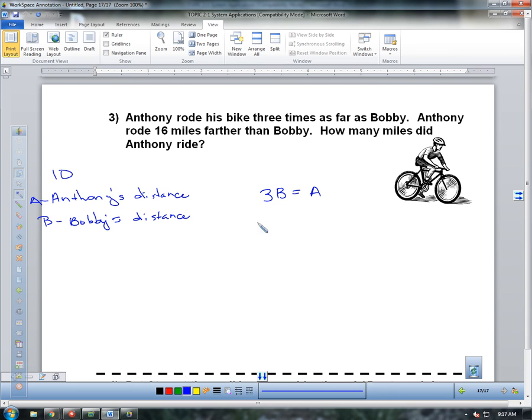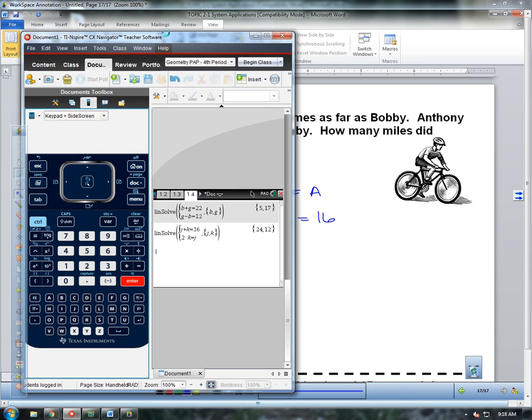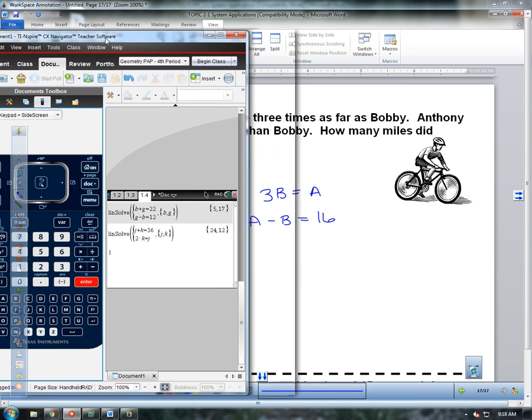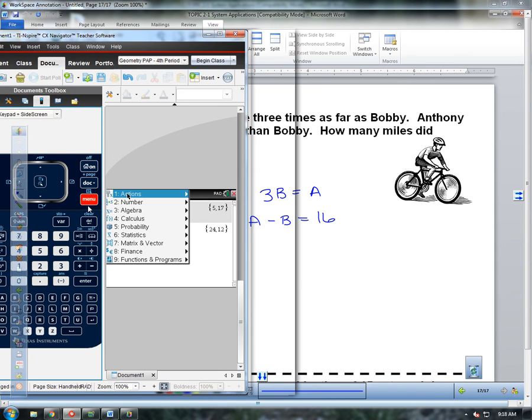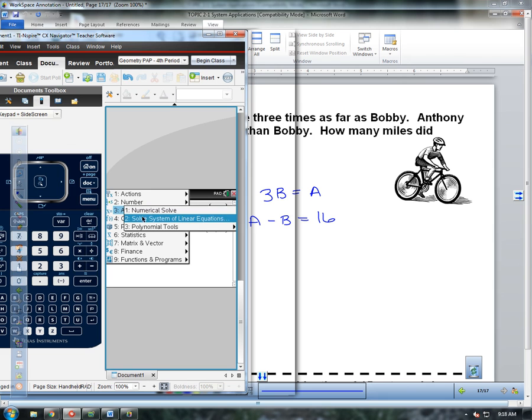So that means if I take Anthony, who rode further, I'm going to subtract Bobby's distance. He should still have 16 miles because he rode 16 miles further. And then finally we get to put it in our calculator. So we have Menu, Algebra, Solve a System.